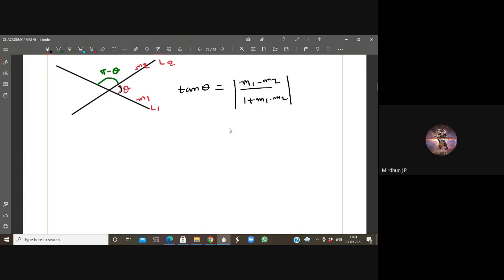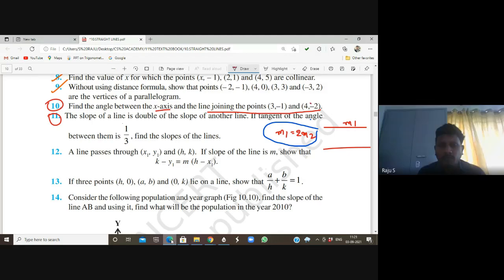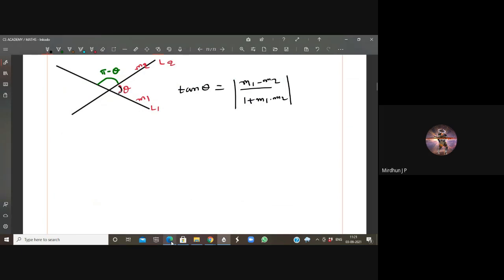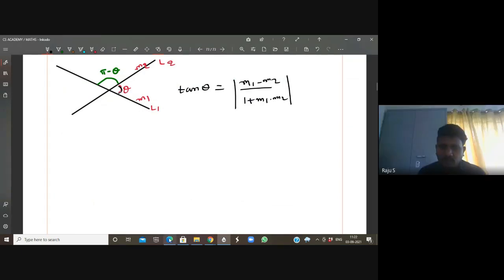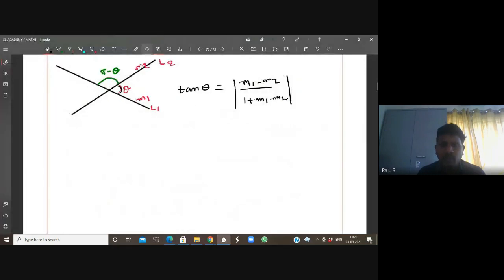It is like tan of A minus B. Here m1 I take as tan alpha, and m2 I take as tan beta.